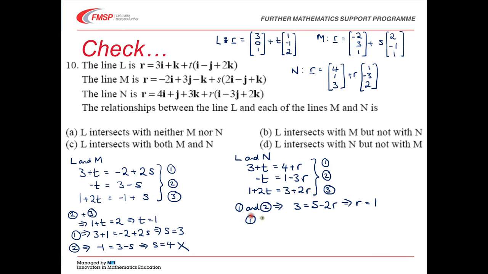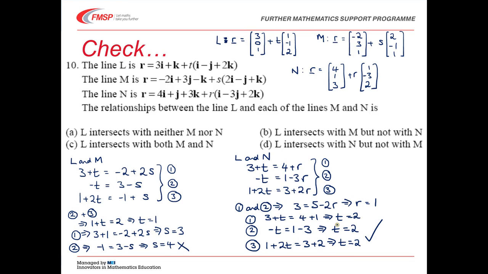From equation 1, 3 plus t is equal to 4 plus 1, which tells me that t equals 2. Equation 2 tells me that minus t is equal to 1 minus 3, which again tells me that t equals 2. And from equation 3 I get 1 plus 2t equals 3 plus 2, which is 5. So 2t is 4 and t is 2 again.